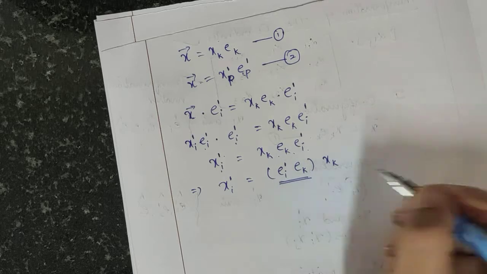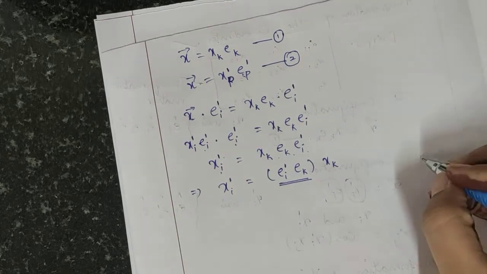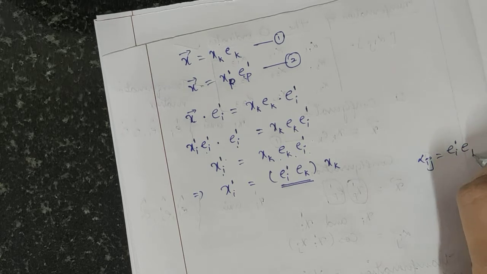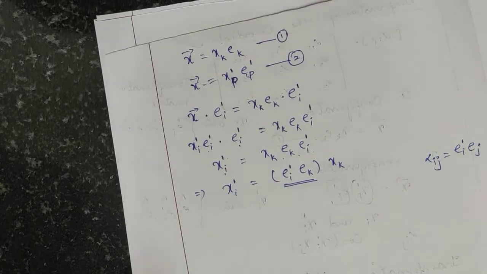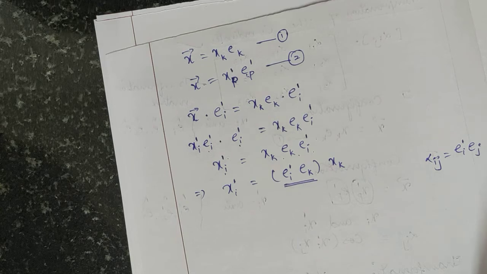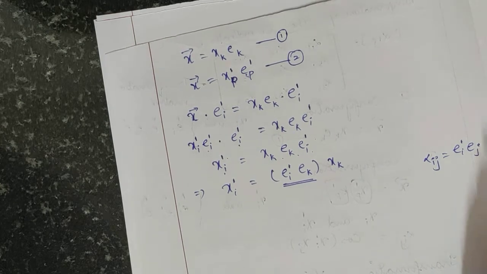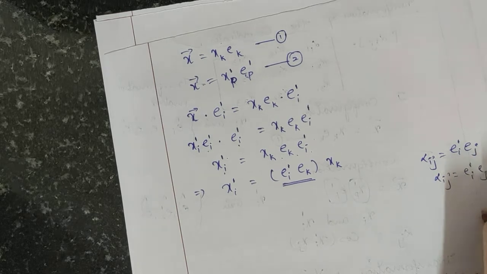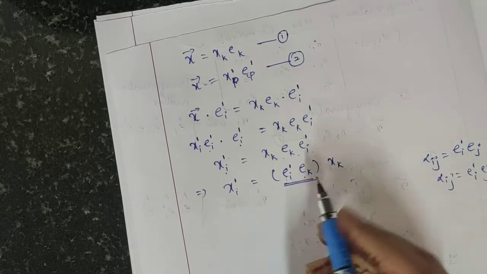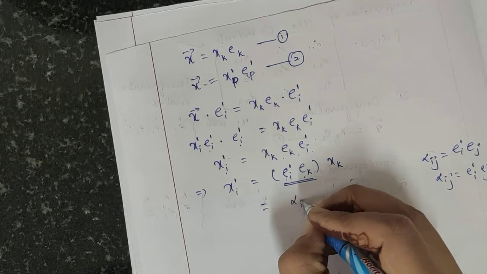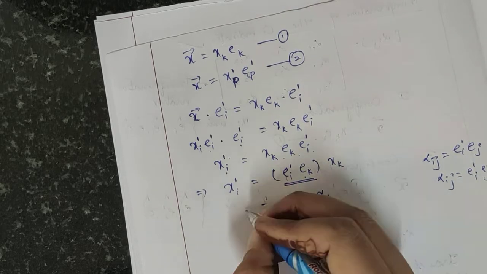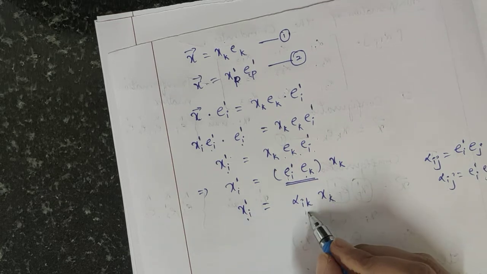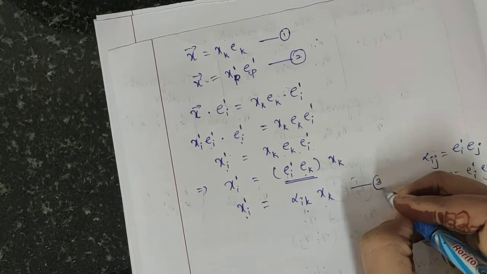So what is this ei prime ek? I can write alpha ij is ei prime ej, we have seen this in the previous session. So if alpha ij is equal to ei prime ej, then here ei prime ek is nothing but alpha ik. So I have xi prime is equal to alpha ik into xk. Call this equation number 3.